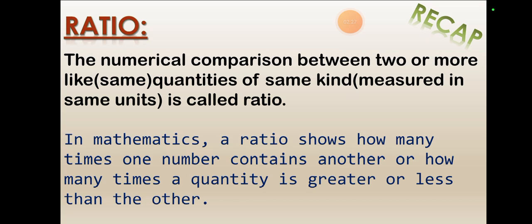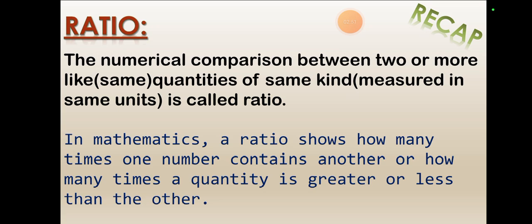The formality that you have to fulfill is that they must be of the same kind. If I'm measuring something's height, I can't compare it with weight. I have to use the unit of height and measure the height. So it's important that the comparison is between two numerical values, and they should be of the same quantity and the same kind.